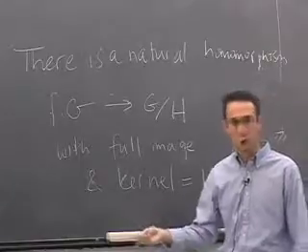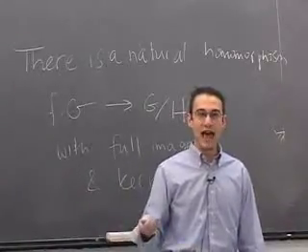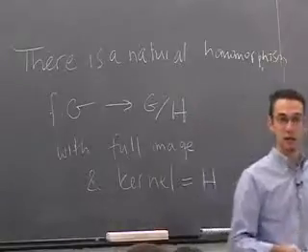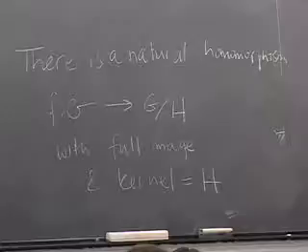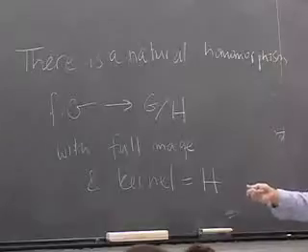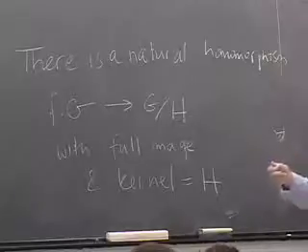And this will answer a question that one of you had in the last class. If one has a normal subgroup, is there always a homomorphism which has that normal subgroup as its kernel? We've answered that in the special case of the group Z today. Why? Well, because the set of normal subgroups of Z are exactly the set of subgroups of Z, which are the things of the form nZ.